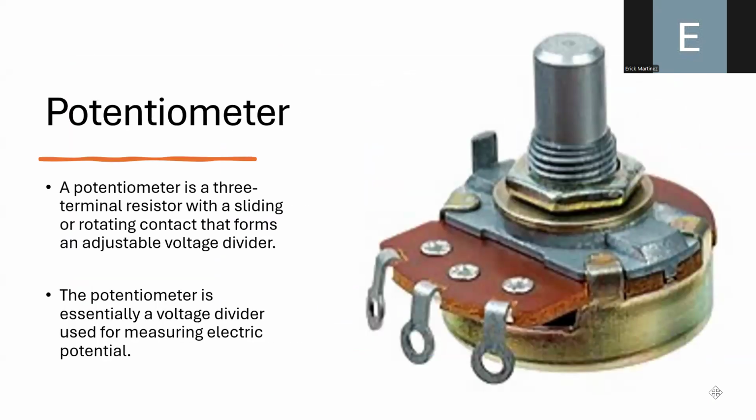So another sensor that we can use is the potentiometer. The potentiometer is basically a device that also changes its resistance. The main difference is that we can change the resistance of this electronic device manually, using a knob placed here.